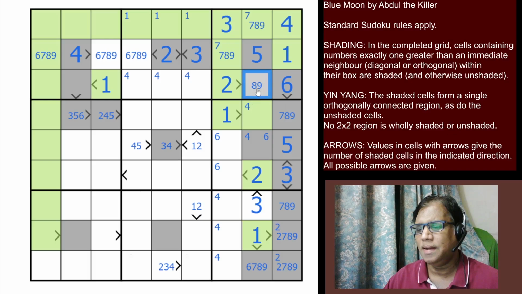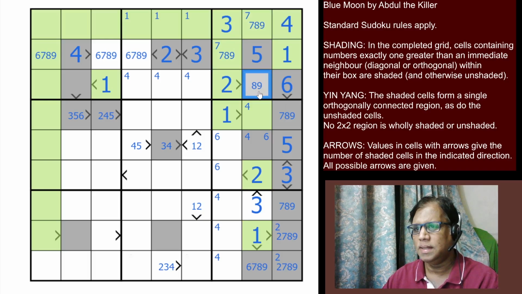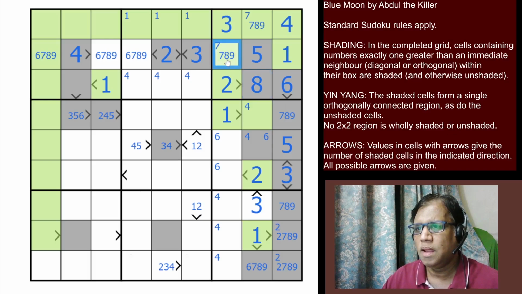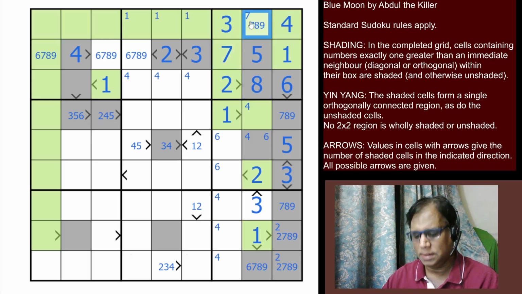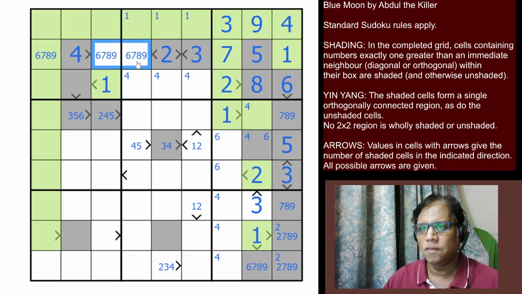If that's 8, that's 7, that's 9, that's fine. But if that's 9, again that's a problem, right? If that's 9, that's 7, 8, and that's not possible because 8 is near 7. So that can't be 9. That has to be 8. And now this must be 7 because 8 is dark. So that's 7.